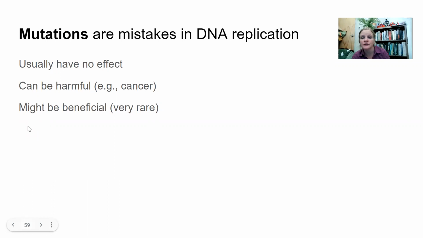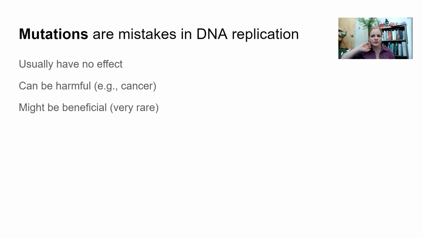Usually mutations, these mistakes during DNA replication, don't really have an effect. When we talk about the nitty-gritty details of how proteins are formed, we'll see that there's a lot of wiggle room in those codons.